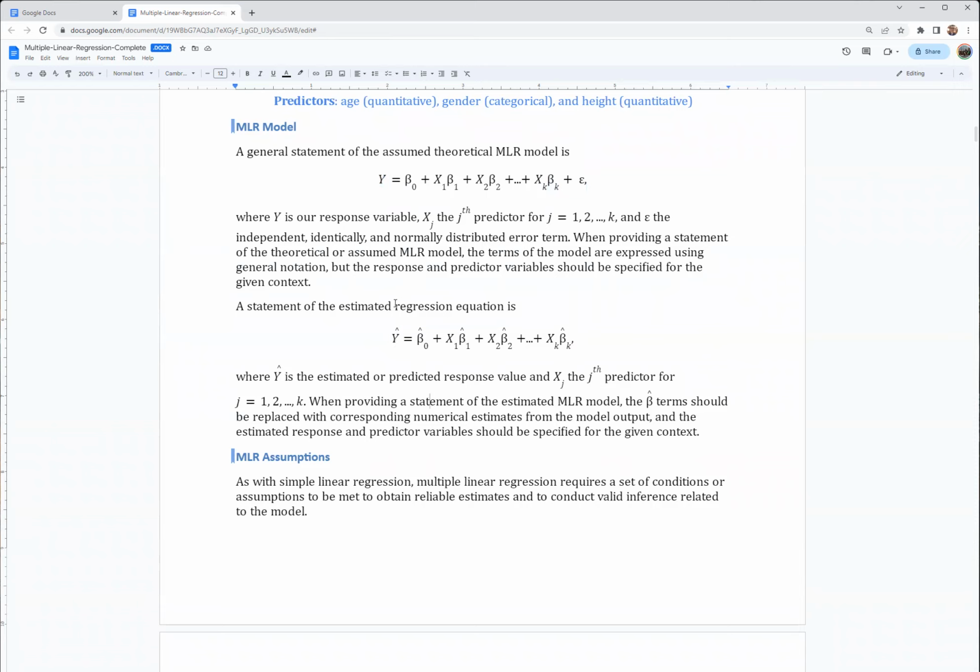So when we give the estimated regression equation, we actually will have numbers from software, from R in this case, the programming language. We'll have numerical estimates for these betas that we then plug into this equation. Okay. But y hat's always just y hat, and the x's still just stay as x.